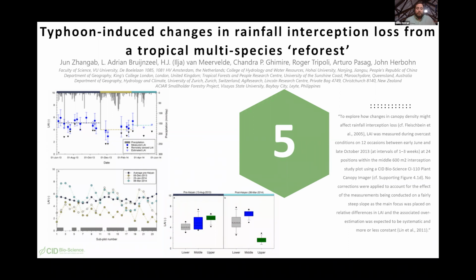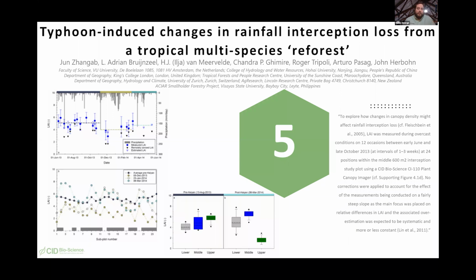And so what they used the CI-110 to do was look at the canopies over time, over these years. Before, when there was a full reforest, immediately after the typhoon, when it was mostly destroyed, and then after it had about a year to grow back. I believe this was a 3-year study.